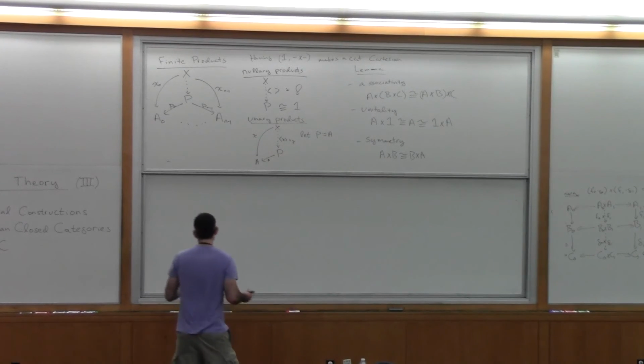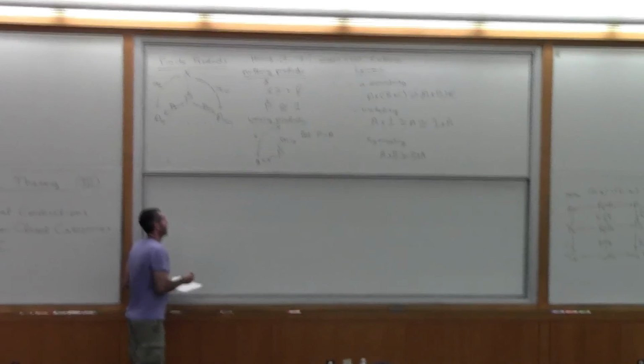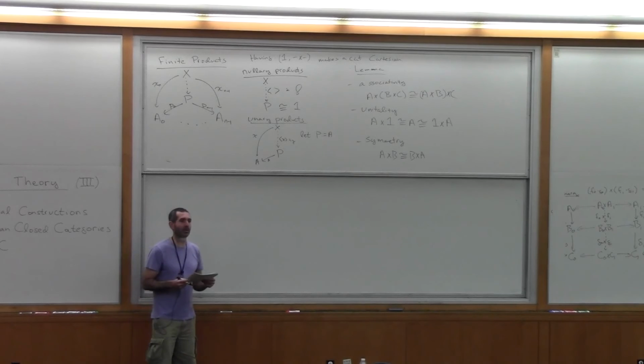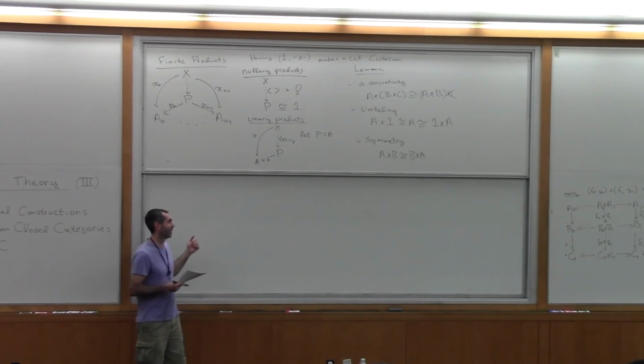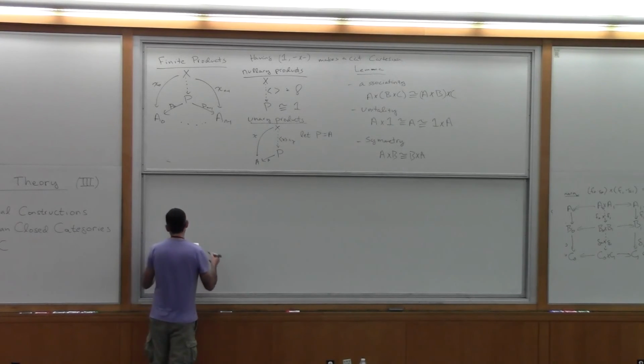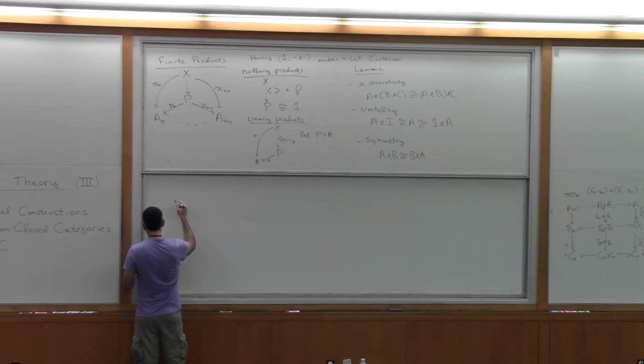What we want, certainly for categories in which we intend to interpret the connectives, the type formers of sum types and void types using the duals of the product and the terminal object, namely the coproduct and the initial object, right? So if we want to do that, then it turns out that we need the following thing to hold.